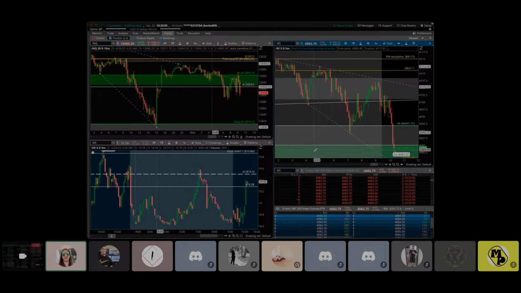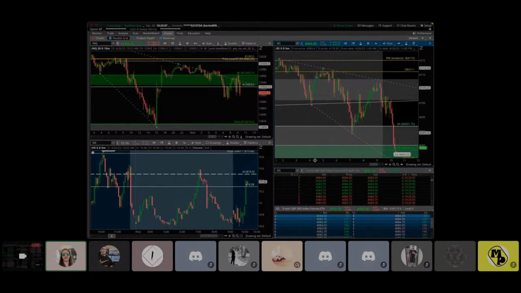But I don't see bulls holding anything today. They didn't hold anything yesterday. We're going down to 4061, man. I'm telling you, 4061 is my target. Market's getting dragged. Now we're gonna double bottom right here.